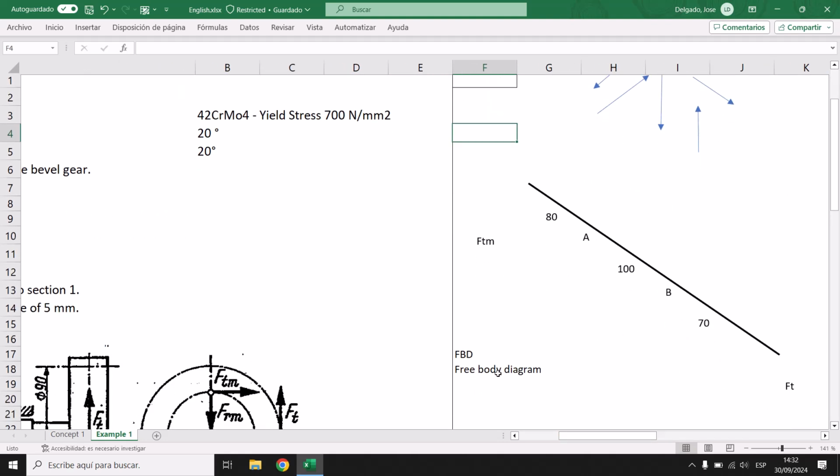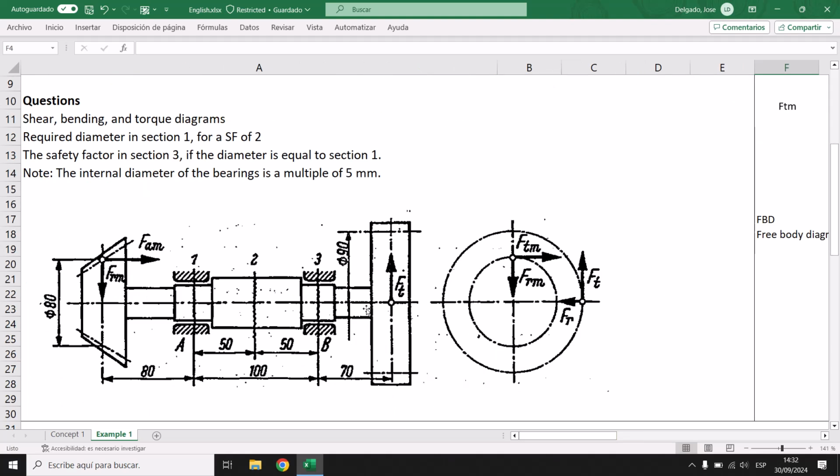Now we need our free body diagram just to put this. As you can see here, we have to understand this. We have the axial force of the bevel gear. This is the radial force in the bevel gear also. In the bevel gear, we call this the medium diameter, virtual medium diameter of 80, in this case millimeters.